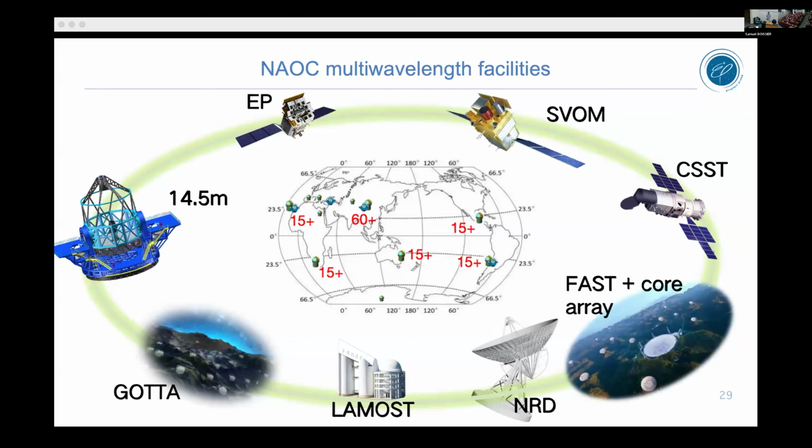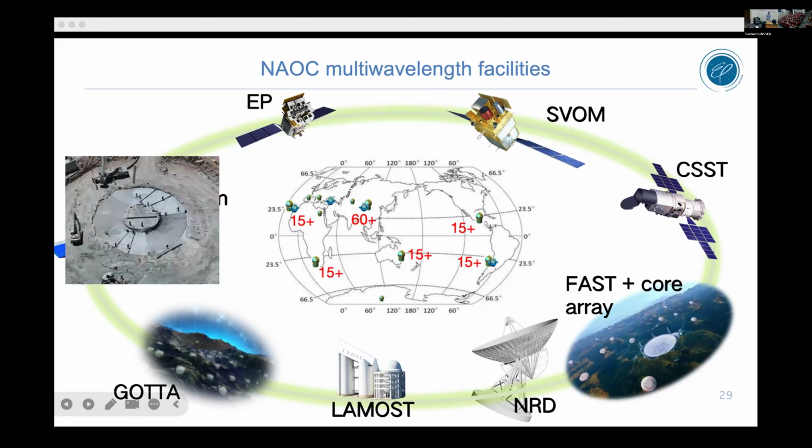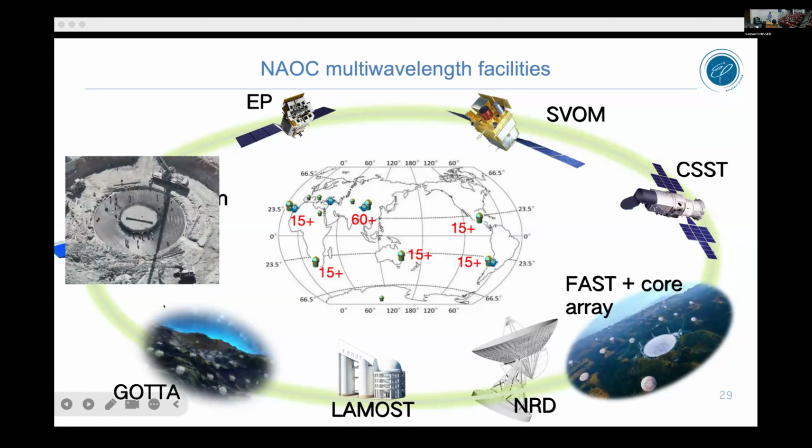And in NAOC, we are pushing forward our own multi-wavelength facilities, such as CSST, which will be launched in 1 to 2 years. It's a 2-meter wide-field space telescope. And for optical and near-infrared, we are building a 14.5-meter optical telescope in Western China, and it's fully funded and being built now. The first light will come in 4 years.